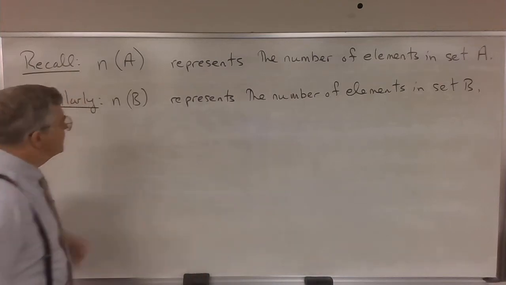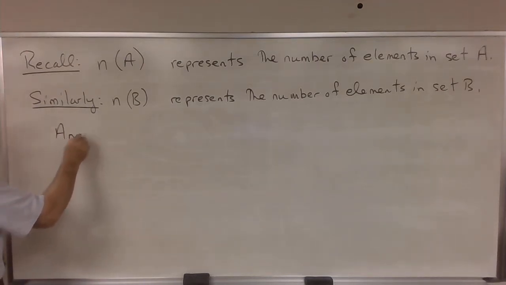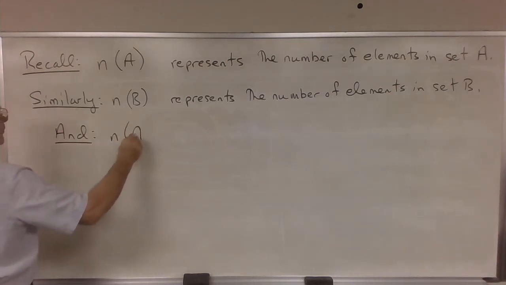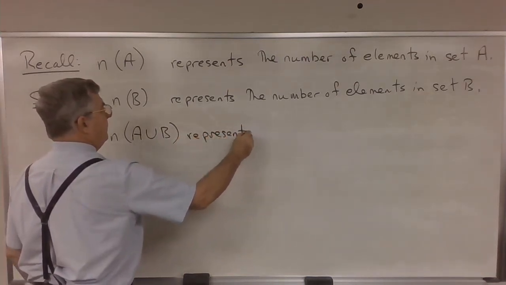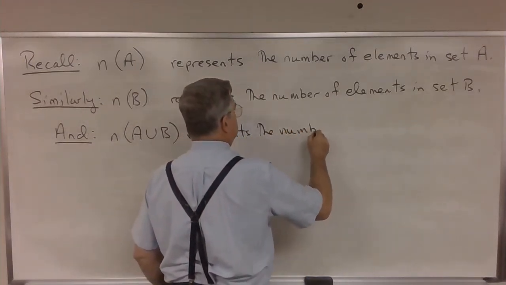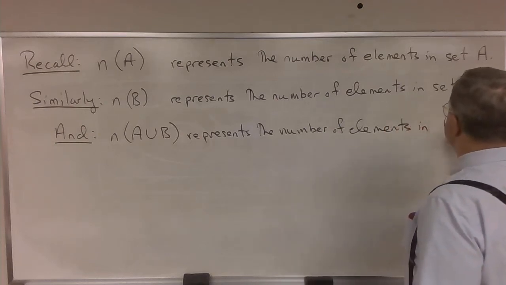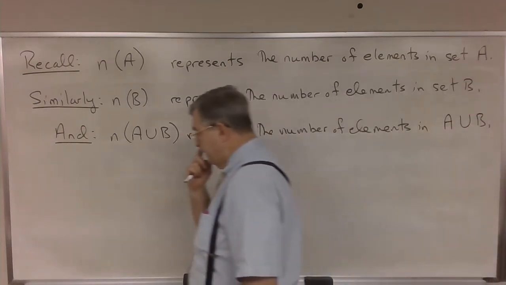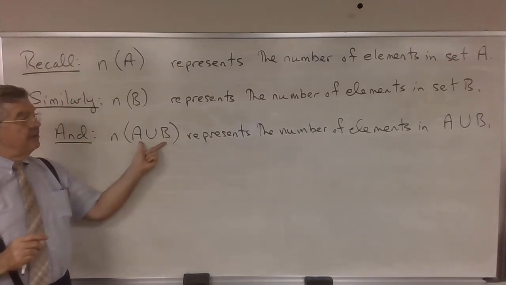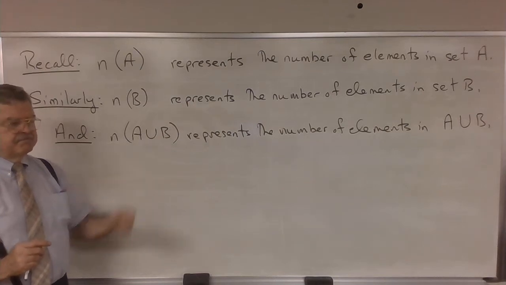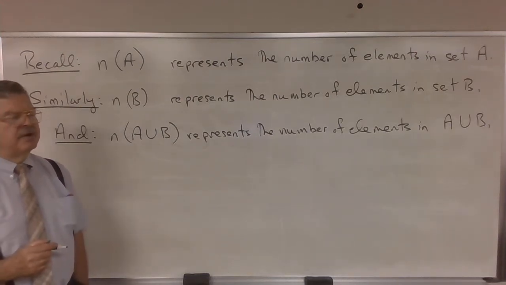And so, in like manner, this represents the number of elements in set B. And finally, well, maybe not finally, this represents the number of elements in A union B. Yep, I have to introduce one more character.